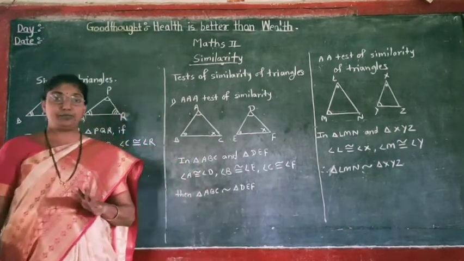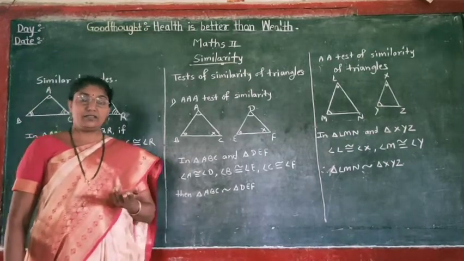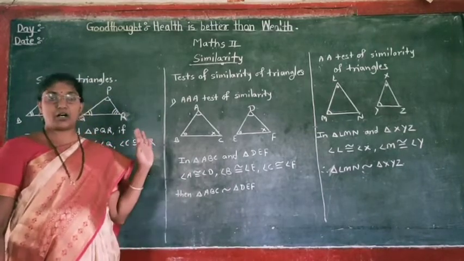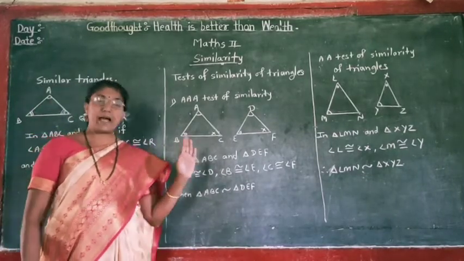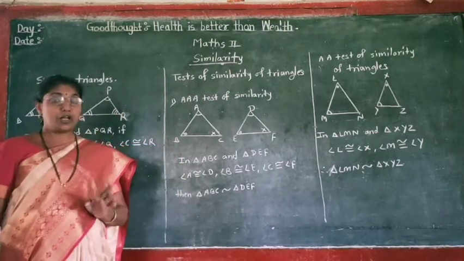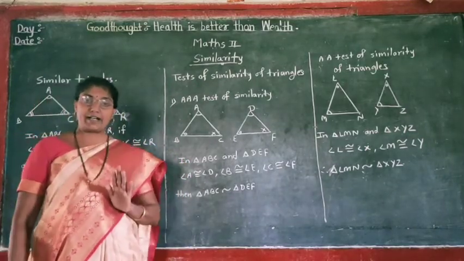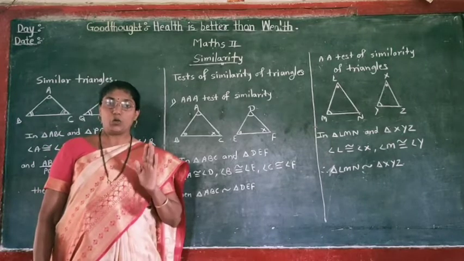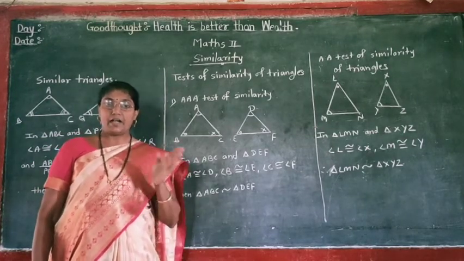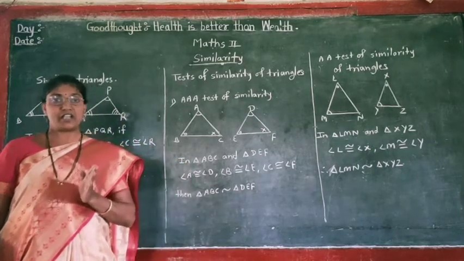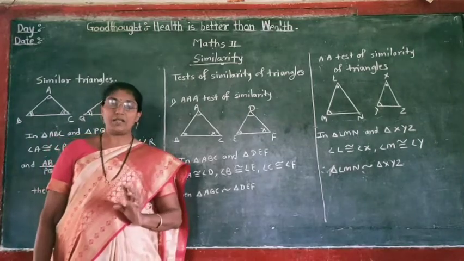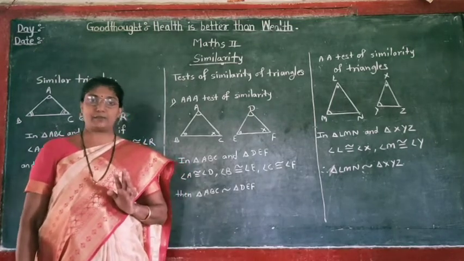That means only three specific conditions are sufficient to confirm the similarity of two triangles, and the group of these sufficient conditions is known as the test of similarity of two triangles.